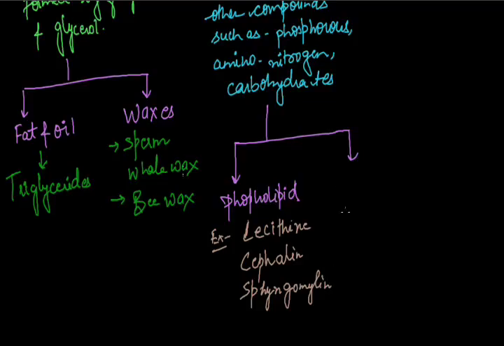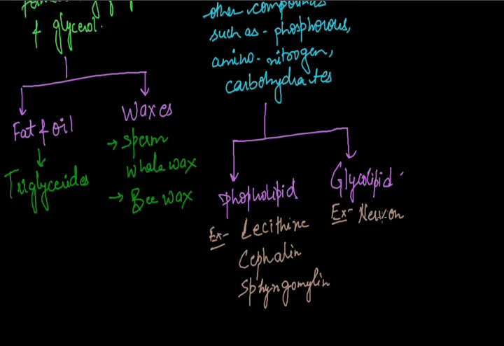The next type is glycolipid. Glycolipid includes these lipids combined with any glucose molecule: nervone, ferrinosine.